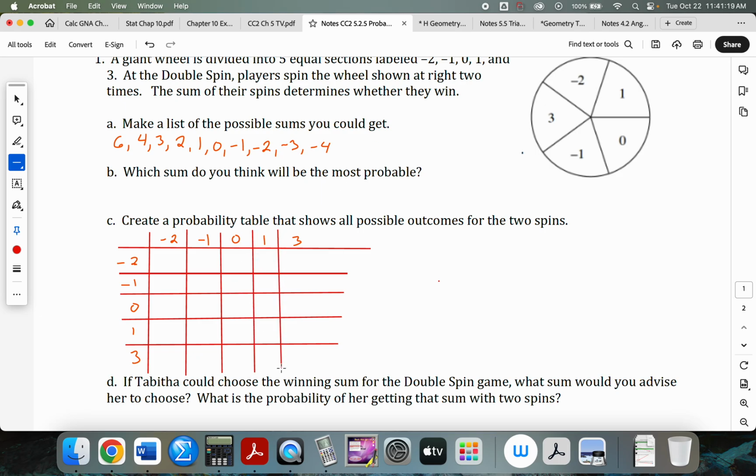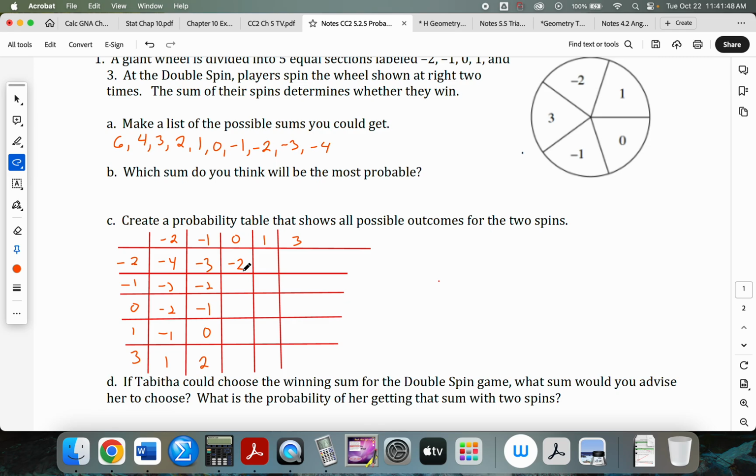All right, and then let's fill in the sums. So let's see, this is -4, -3, -2, -1, and 1. And then this will be -3, -2, -1, 0, and 2.